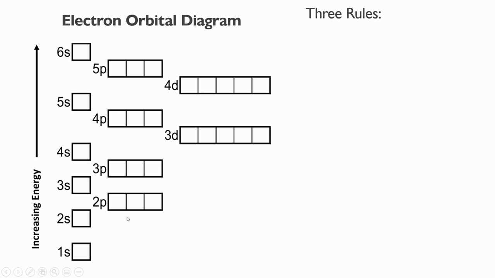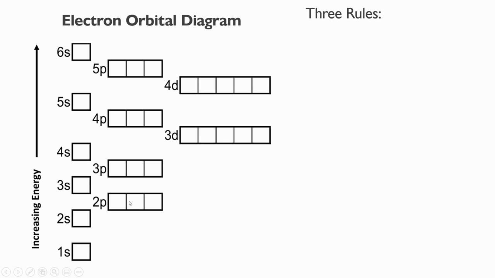Now, anytime you see a letter, that is the orbital that we're talking about. So s is the s orbital, p is the p orbital, d is the d orbital, and the f orbital is not on here. Each box down here represents an orbital. So this box represents the s orbital at the first energy level. This box represents the s orbital at the second energy level.